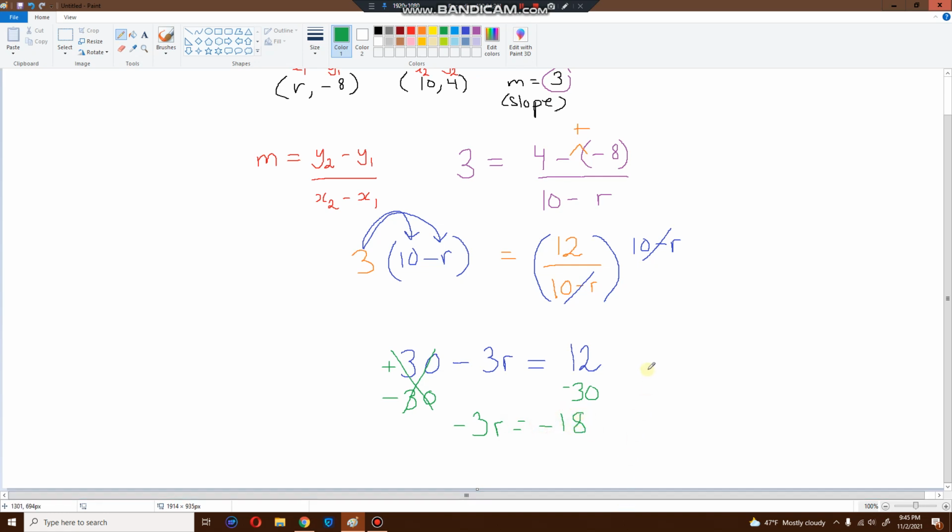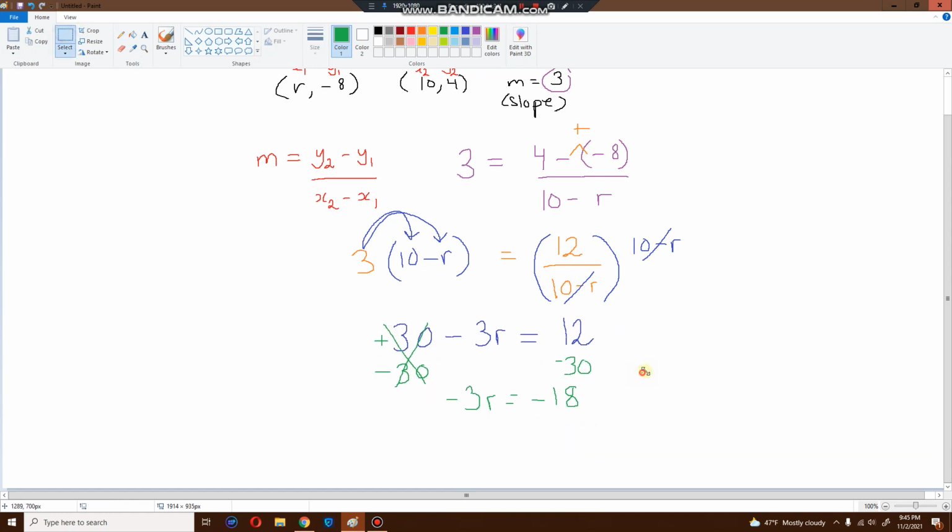Okay? Now that we got that, let me now solve for r. Let's take another color. Let's do red again. Now notice r has minus 3 in front of it. We're multiplying minus 3 and r together. And the only way to get rid of minus 3 is to do the opposite of multiplication, which is division. So I need to divide both sides by minus 3.